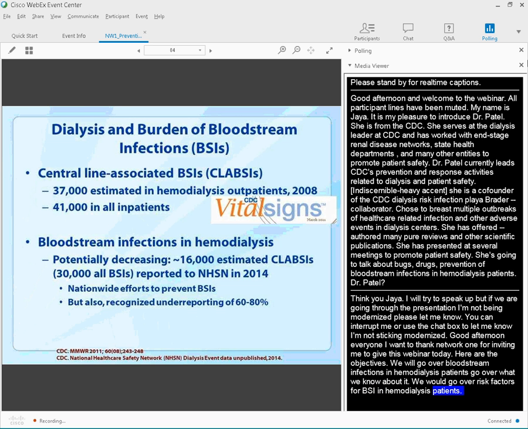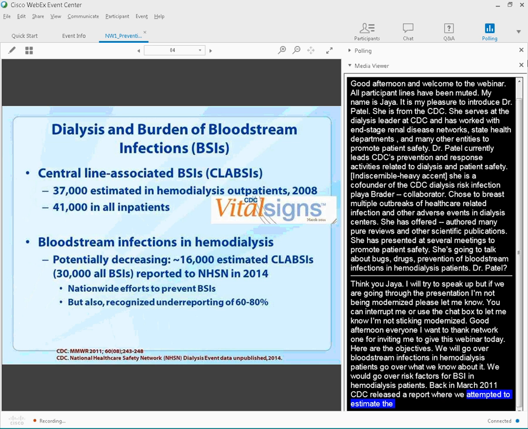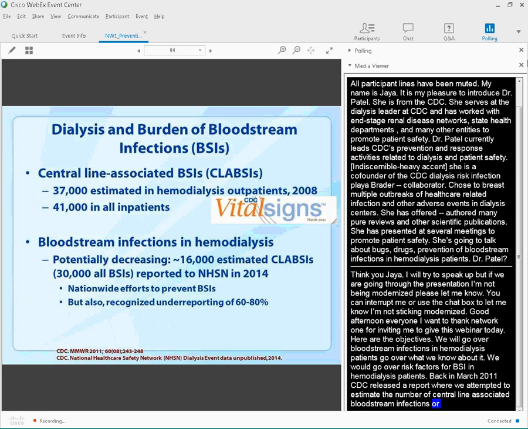So back in March of 2011, CDC released a report where we attempted to estimate the number of central line associated bloodstream infections or CLABSIs that occurred in different patient populations, and we estimated that there may have been 37,000 estimated CLABSIs in hemodialysis outpatients in the United States in 2008.